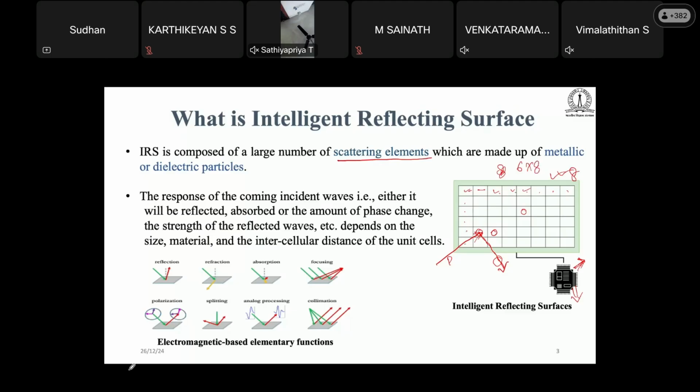And the response to the incoming incident waves is that either it will be reflected, so in this case reflected, and in some cases it may not. So it comes and then it does not reflect anything. This one is reflected, and this one we are not getting any signals, so we call it absorbed.